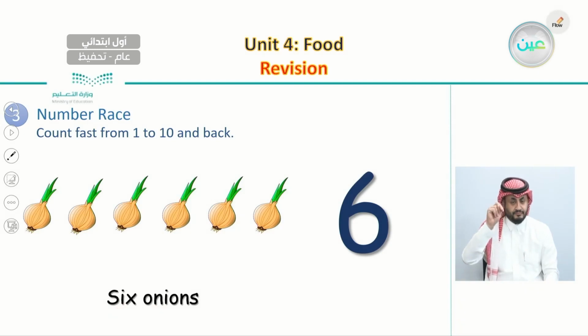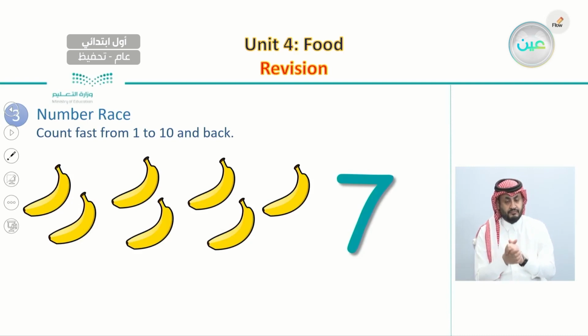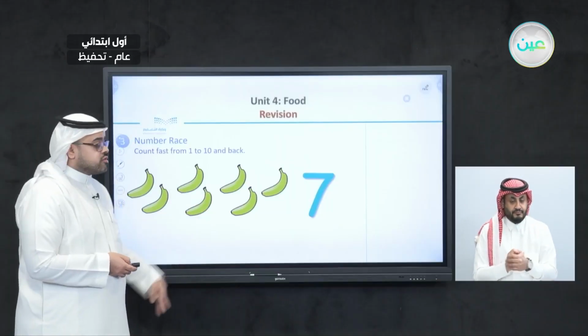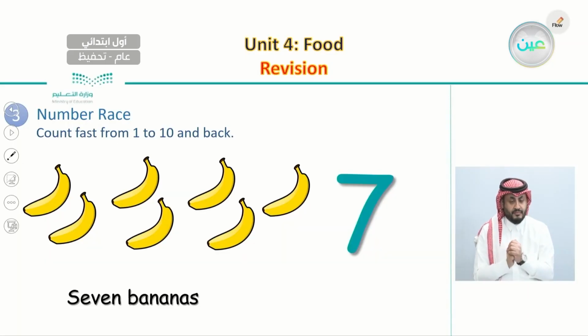6 onions. And here again, number 7. This is number 7, and these are bananas. These bananas with number 7. So we can say that these are 7 bananas.